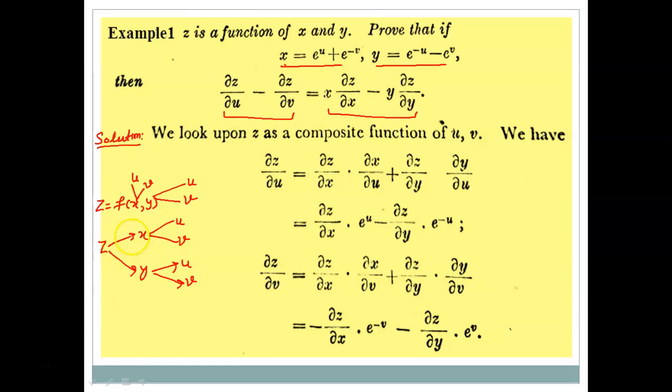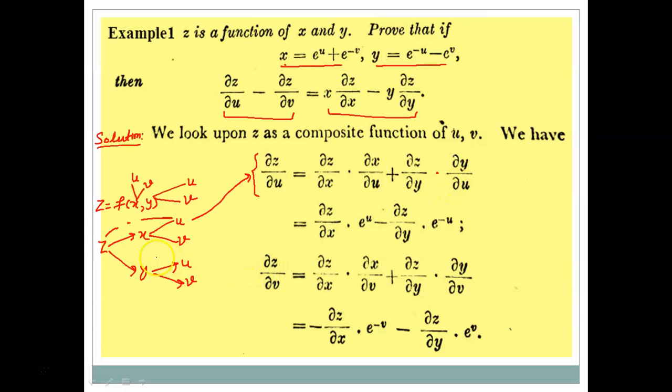So as explained in the last lecture, the partial derivative of z with respect to this variable u can be obtained using this formula. The del z over del u is equal to del z over del x into del x over del u plus del z over del y into del y over del u.